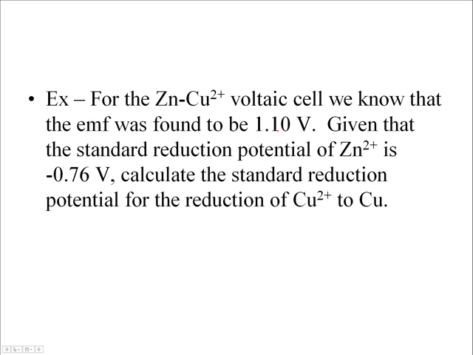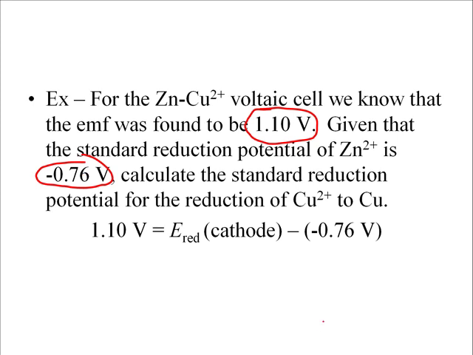Okay, so for the zinc copper voltaic cell, the EMF I just told you is positive 1.10 volts. If we say that the standard reduction potential of zinc is negative 0.76, we can then calculate the standard reduction potential for the reduction of Cu2+ to Cu. The important thing here, remember, is that the zinc part is going from zinc metal to zinc 2+, so zinc is being oxidized. So that part goes right there because it's always the cathode minus the anode.